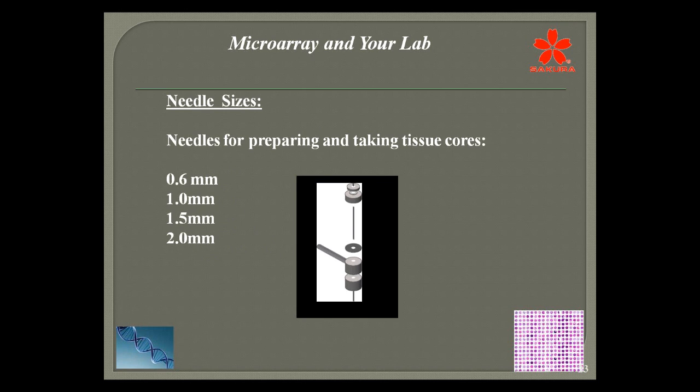The needle sizes then are as follows. There's 0.6, 1, 1.5, and 2 millimeter cores. Now, for the ones that I usually make for our controls, because I like to be able to see a little more tissue there for control purposes, are usually made at 2 millimeters. There's a unique way, I didn't really include images of this, but I'm happy to share it with you.